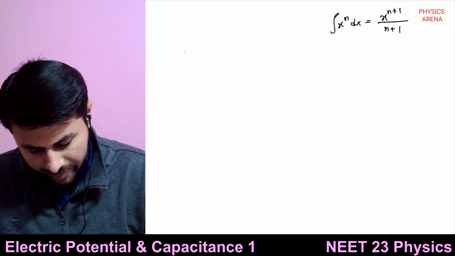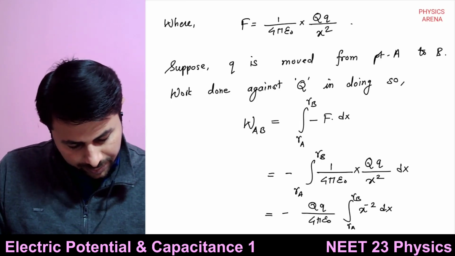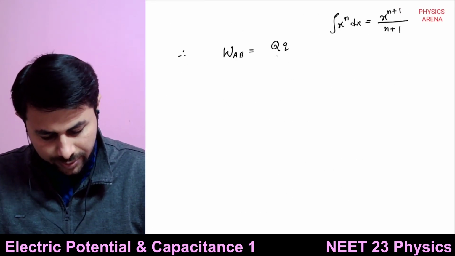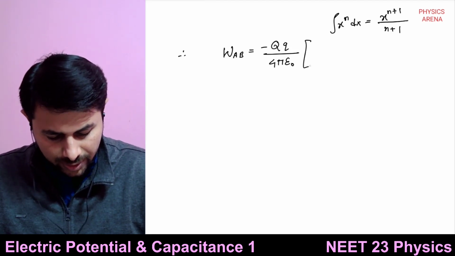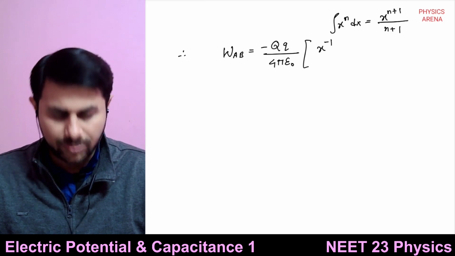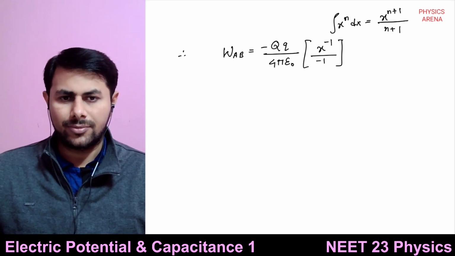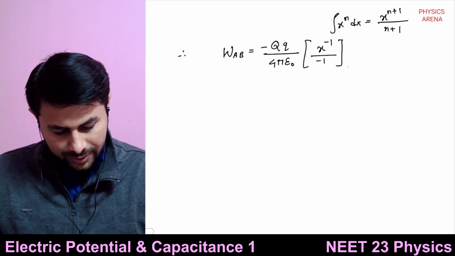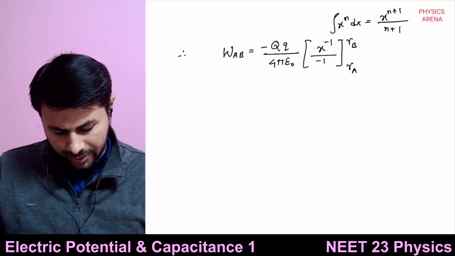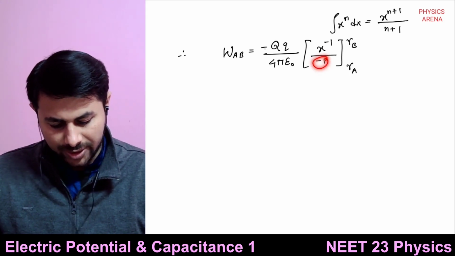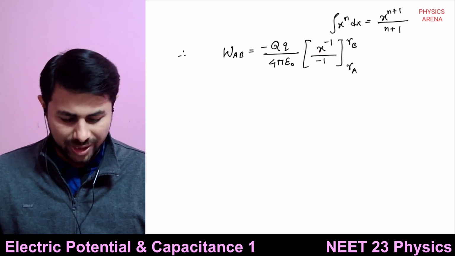We get W_AB. Therefore W_AB is equal to q times Q divided by 4 pi epsilon naught, x raised to minus 2 plus 1 is minus 1, divided by minus 1, from Ra to Rb. So we can take this minus 1 outside, and that minus 1 multiplied by this minus 1 gives us plus 1.